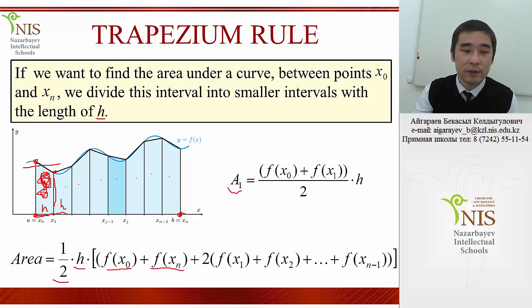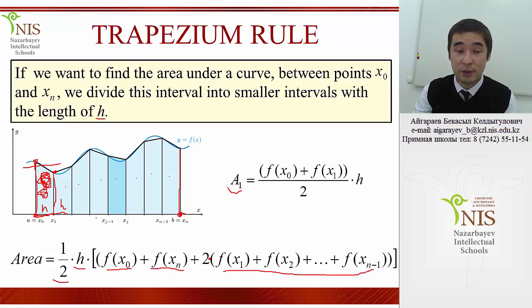We're going to take the first height and the last one. We're going to add them, and then we add the summation of all the other heights in between those two, the first and the last, multiplied by 2.